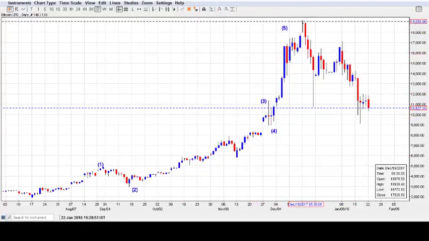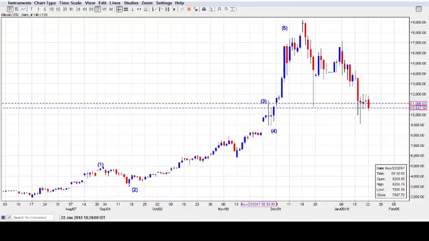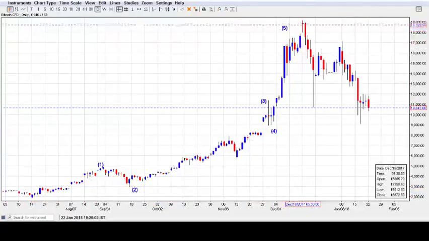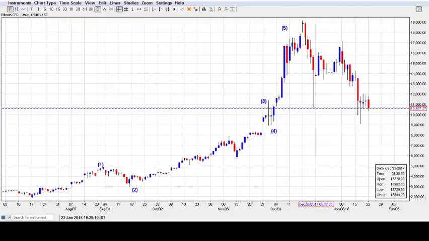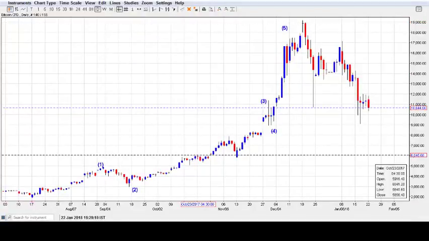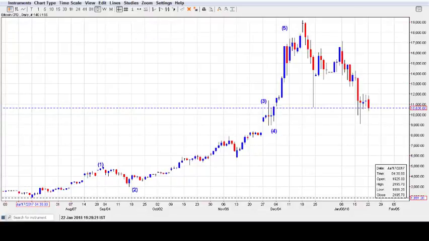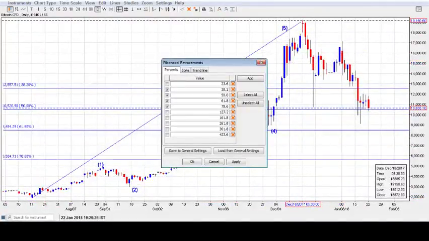Actually, it went up to the 61.8% termination point of an extension of waves 1, 2, 3, all the way up to the 19,000 mark. That was the first successful call around the 19,000 mark, very close to 20,000, and the target was around the 10,000 mark. The reason being, there was the first Fibonacci support. Okay, but this is past. We've got to see what should be in store now.